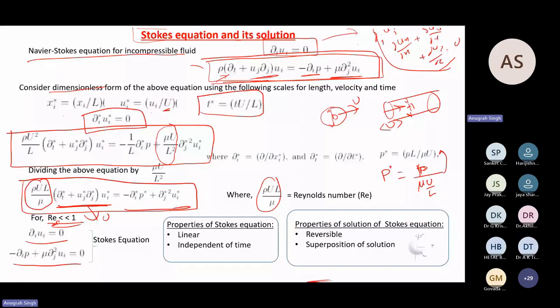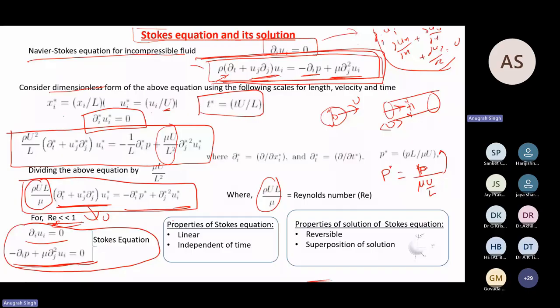As you can see, the Navier-Stokes equation is non-linear because of the uj term. That whole thing drops. So you are dropping the non-linearity because of the low Reynolds number. Now this becomes a linear equation, a second order linear partial differential equation, for which you can have a solution.